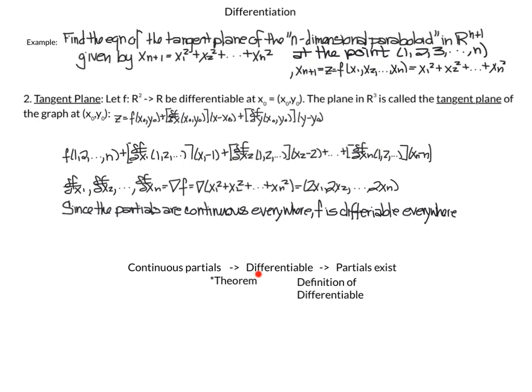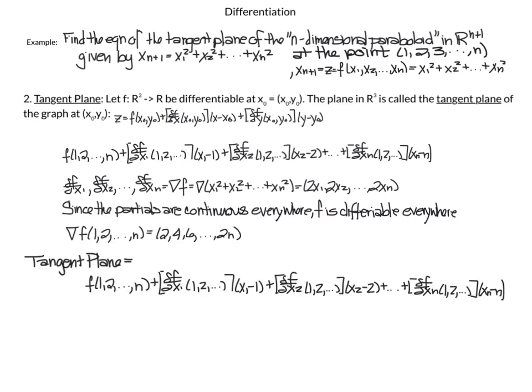And from our theorem here, since the partials are continuous, right, 2x1 and 2x2, there's no asymptotic behavior or strange jumps. These are just lines, actually. So since the partials are continuous everywhere, continuous partials imply differentiable. So f is differentiable everywhere.